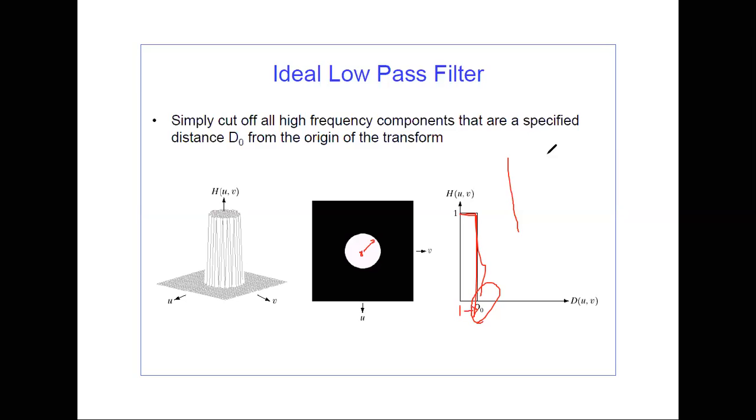Now suppose I have a mask something like this, and then I have a circle something like this. For a change, I will have black in the center up to a certain radius, and in the corners, I have white.